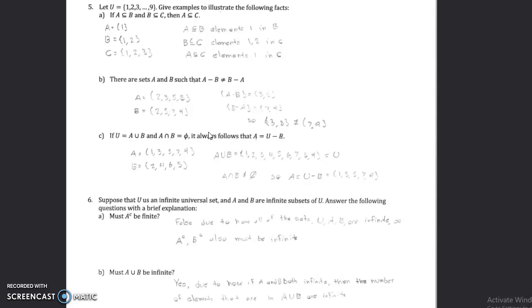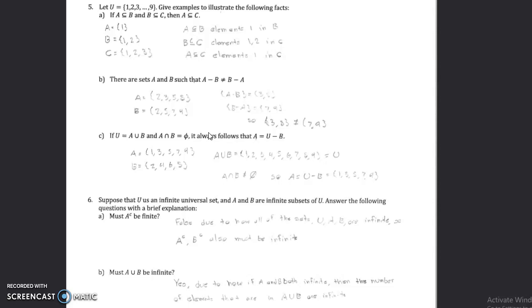And if you did B minus A, then there's the set 7 and 9. Remember, A minus B is everything in A not in B, and B minus A is everything in B not in A. So we set them equal to each other, and we see that that's not true. So we prove basically that B is true.